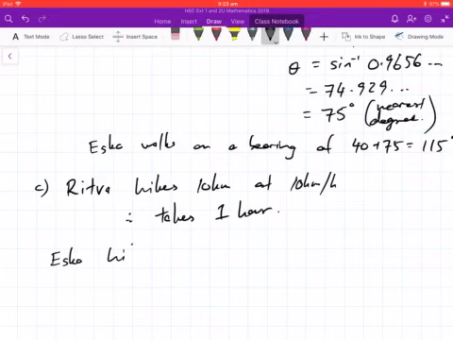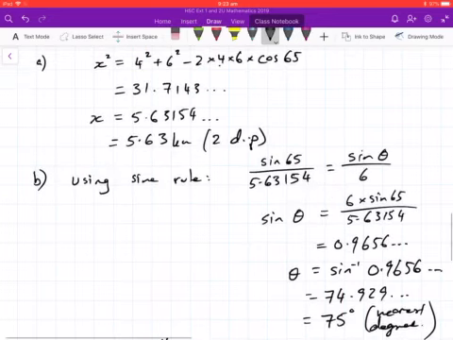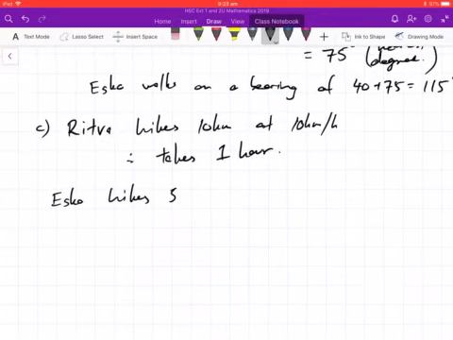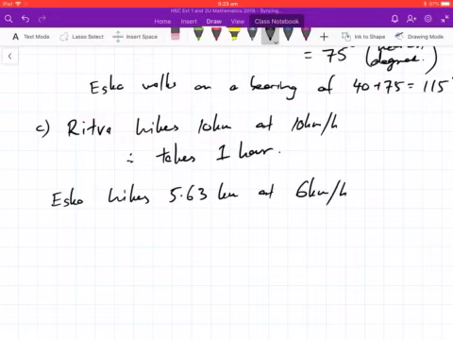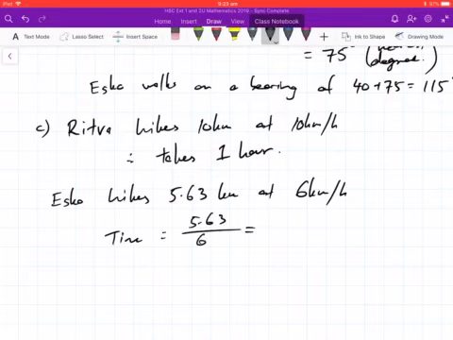Esko hikes, now we found the distance he hiked before, 5.63 kilometers at 6 kilometers per hour. So time is equal to 5.63 over 6, which is equal to 0.93.